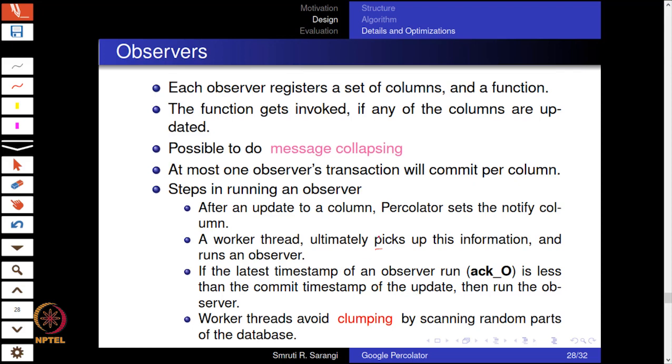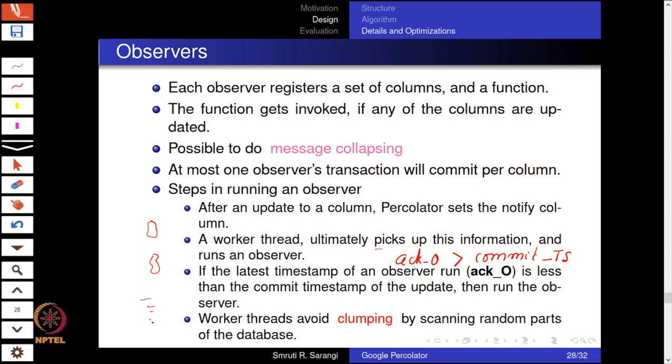But if the observer's timestamp, which is ACK-O, is greater than the commit timestamp, then it means that it has seen the update and it has done the job. What the authors actually found is that the moment we have many concurrent observer threads, most of them start clumping in similar areas, which means that there is a lot of contention at different parts of the database.